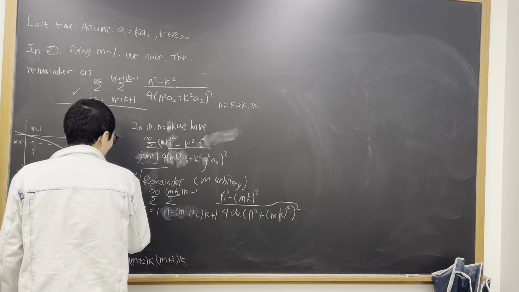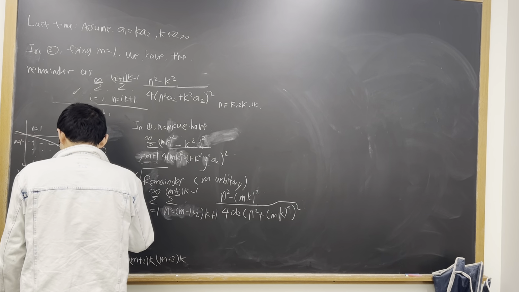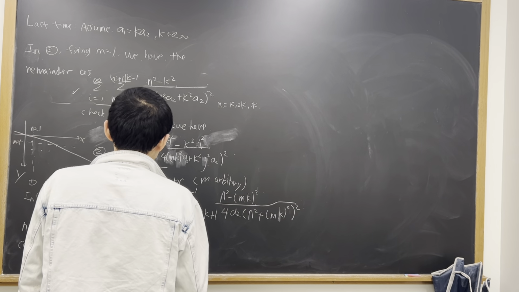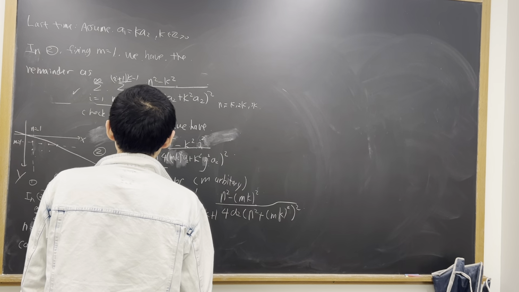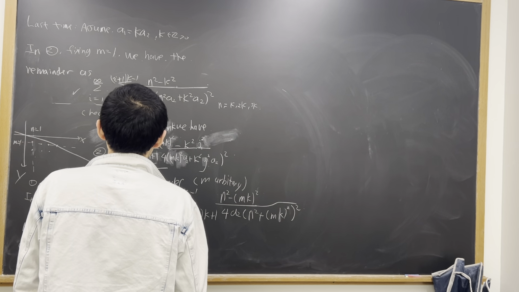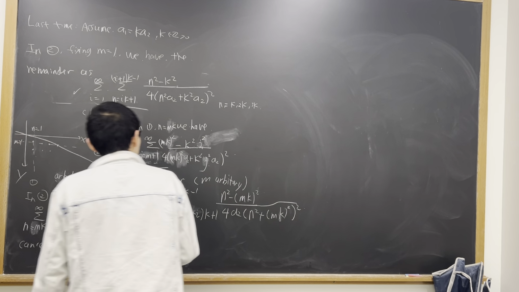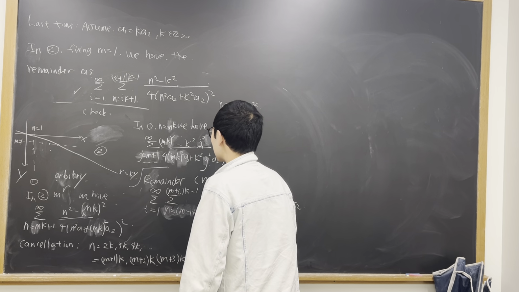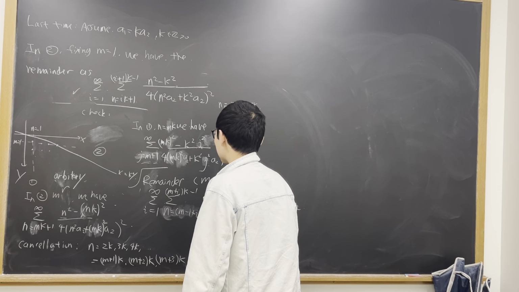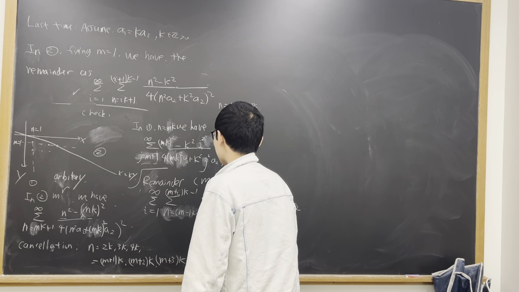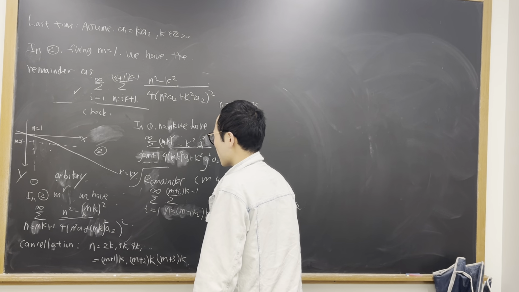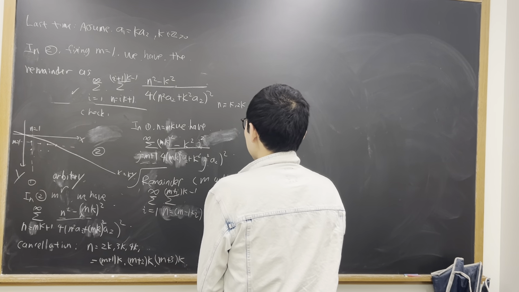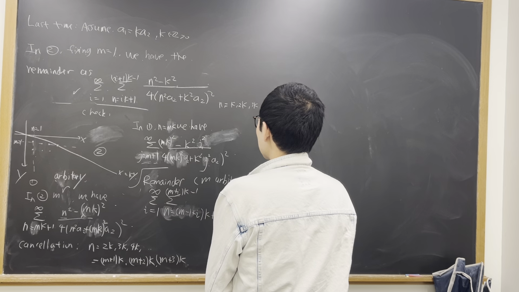So this is the remainder for each n, right? And also there's a remainder for the ones in one. Wait. So how do I calculate the remainder in one then?